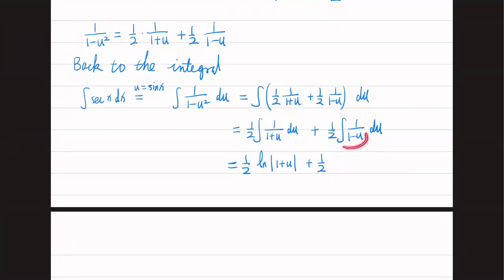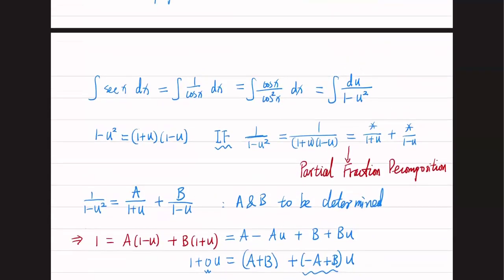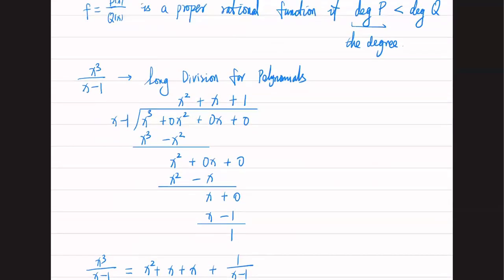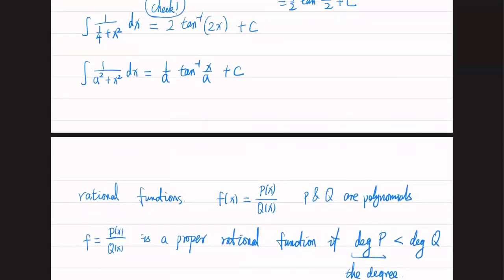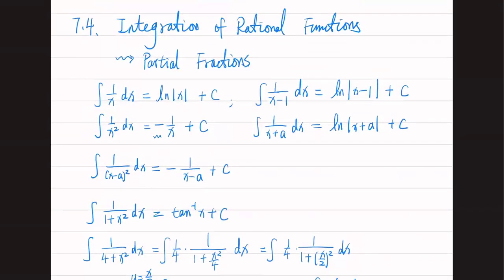Here is 1 minus u. To make this what we had before, over there we have x minus 1. If we have 1 minus x, we have to pull out a negative sign, negative 1 times x minus 1. So there will be a negative sign.